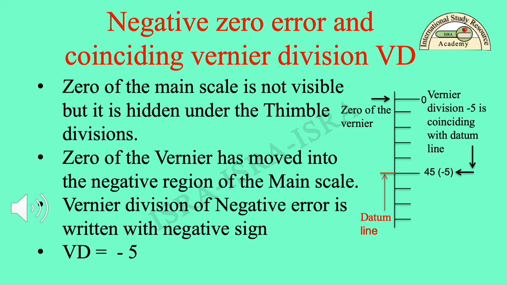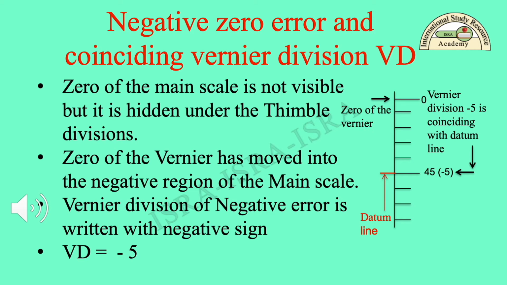In this diagram, the coinciding division is equal to 5. You will write it as -5 because you are counting downwards the datum line, or this micrometer diagram has negative zero error. Therefore, vernier divisions of negative zero error is written with negative sign as VD equal to -5.